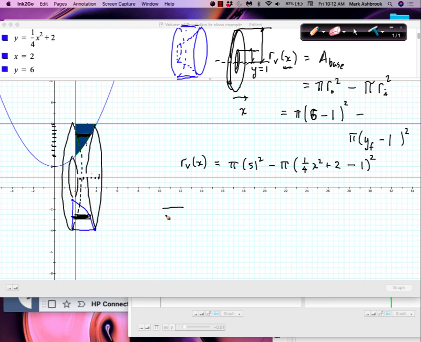What's that going to be like? It's going to be like a sleeve or a shell.